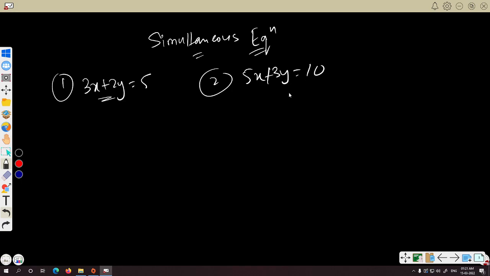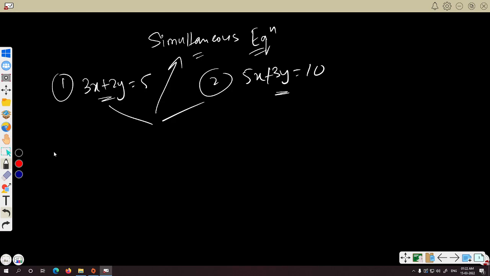Both the equations are linear equations in two variables. All the conditions are satisfied. Now if I consider both the equations at the same time, we will call them simultaneous equations. I hope this is clear to you.